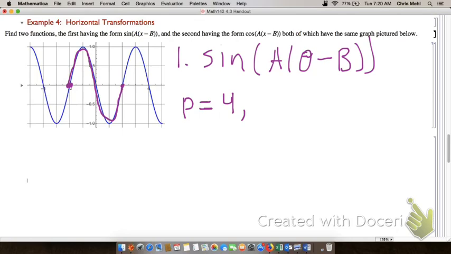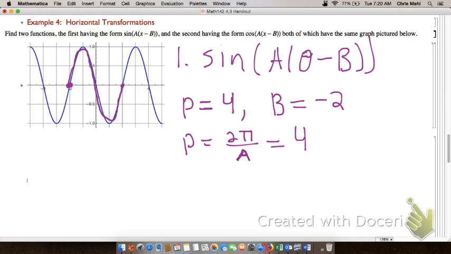This is a phase shift of the graph of sine 2 units to the left, so our value of b is going to be -2, negative because we're going to the left. And remember, we know that the period is 2 pi over the absolute value of a. Here we can just take a to be positive. That equals +4.